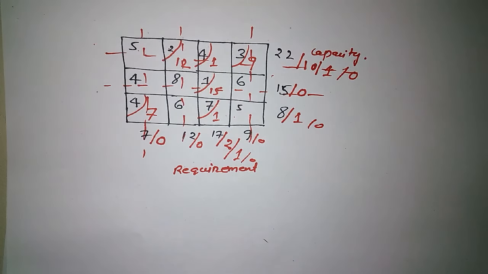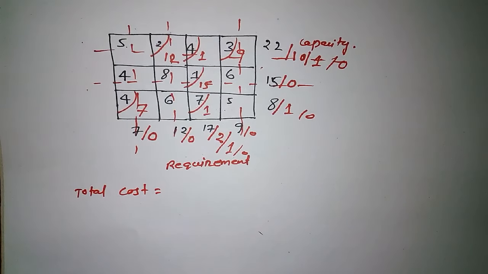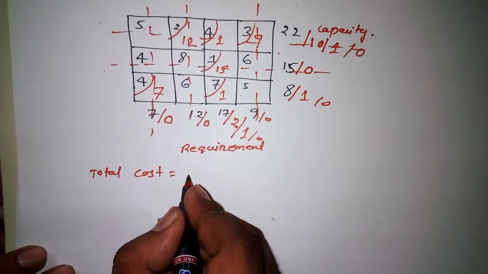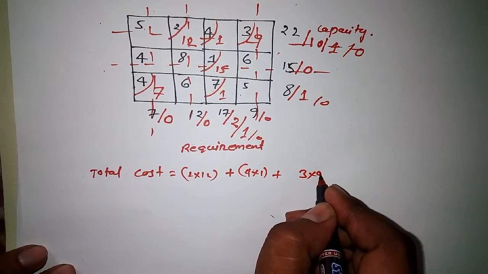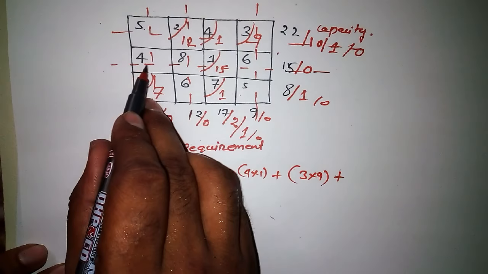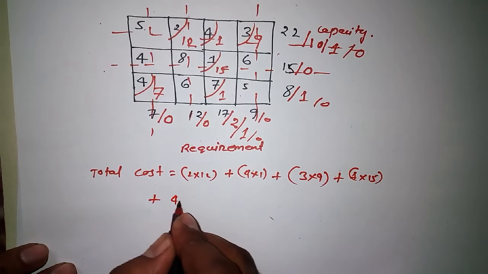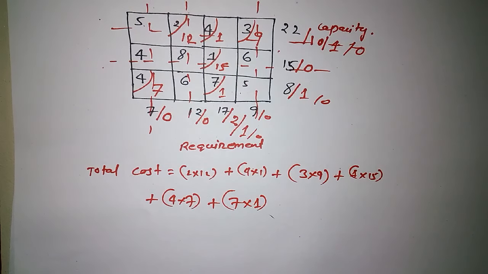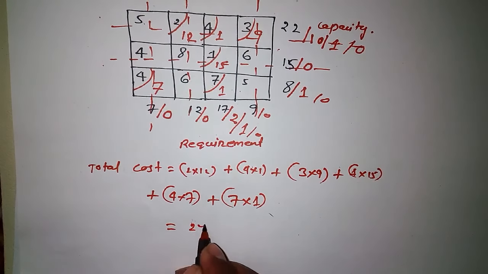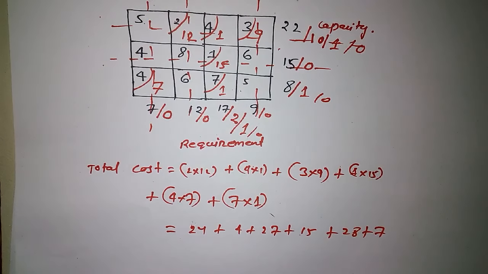Now we need to find out the total cost for this transportation problem. Let me write the total cost first. We just need to multiply all the numbers. We have 2 into 12 plus 4 into 1 plus 3 into 9 plus, in this row, only 1, so 1 into 15 plus 4 into 7 plus 7 into 1. Now we just multiply: 24, 4, 27, 15, 28, 7.